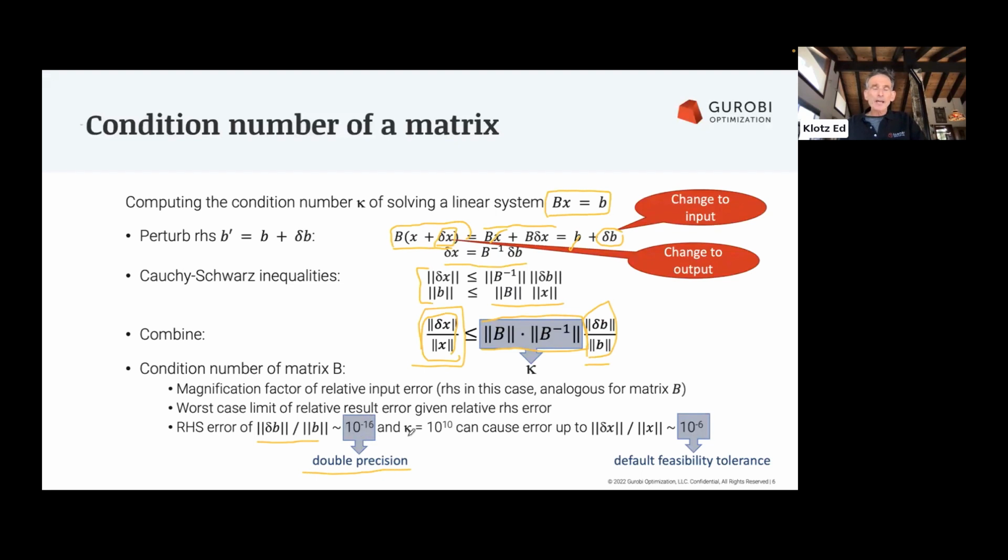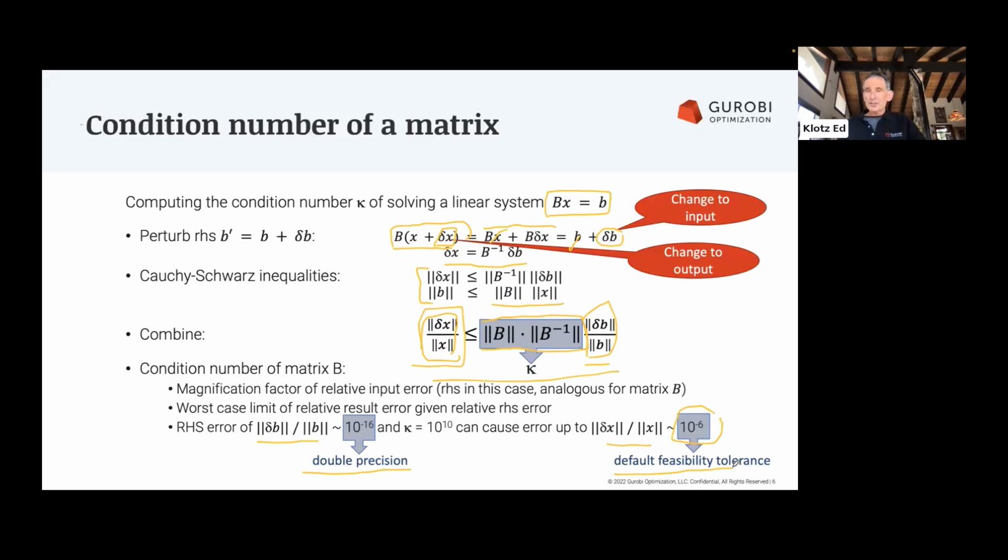And if you have a condition number of 10 to the 10th or greater, this inequality up here says that we have the potential for error in the computed solution to be on the order of 10 to the minus 6th, which is what Gurobi's default feasibility and optimality tolerances are set to.